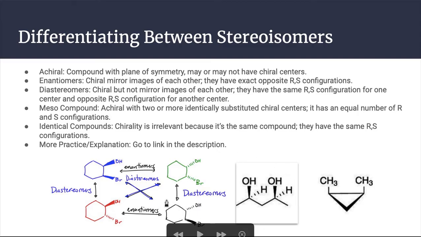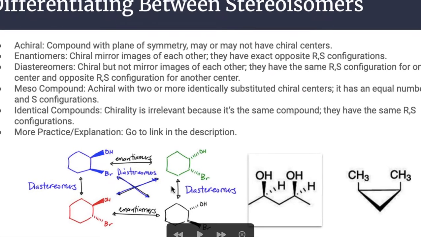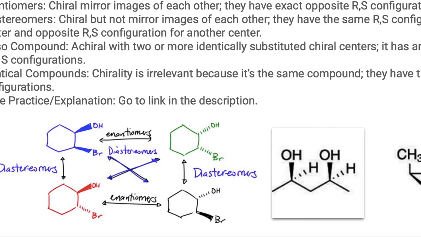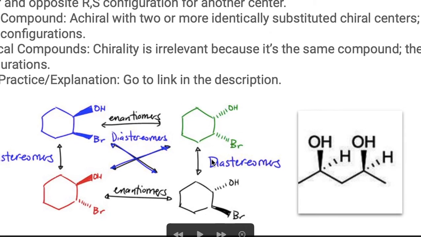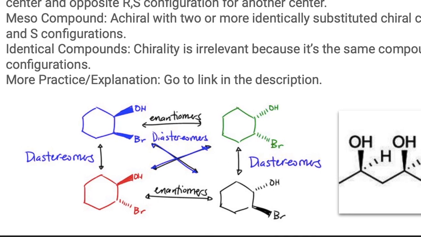I have an example over here. Let me zoom this in so that that little thing isn't covering it up anymore. Okay, there you go. In this picture, we have all the stereoisomers of this compound drawn out.